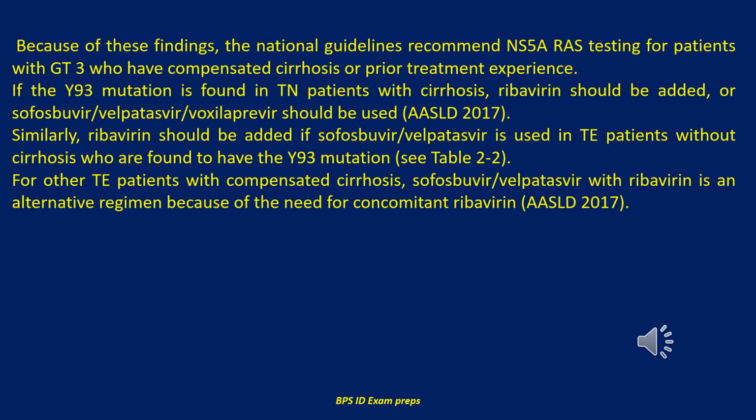See Table 2-2. For other treatment-experienced patients with compensated cirrhosis, sofosbuvir plus velpatasvir with ribavirin is an alternative regimen because of the need for concomitant ribavirin, according to AASLD 2017.